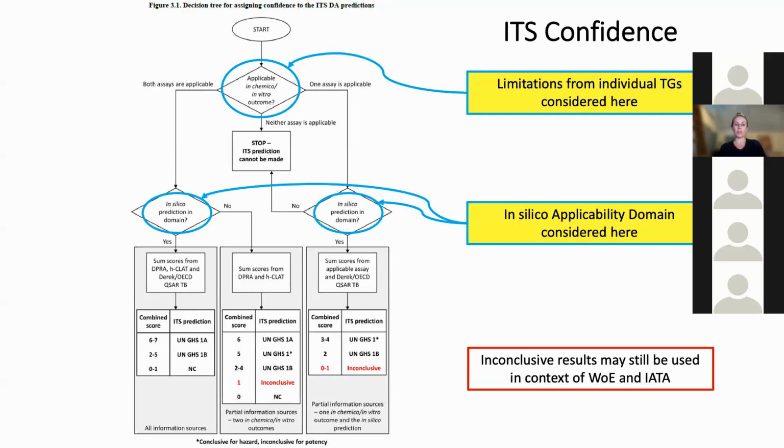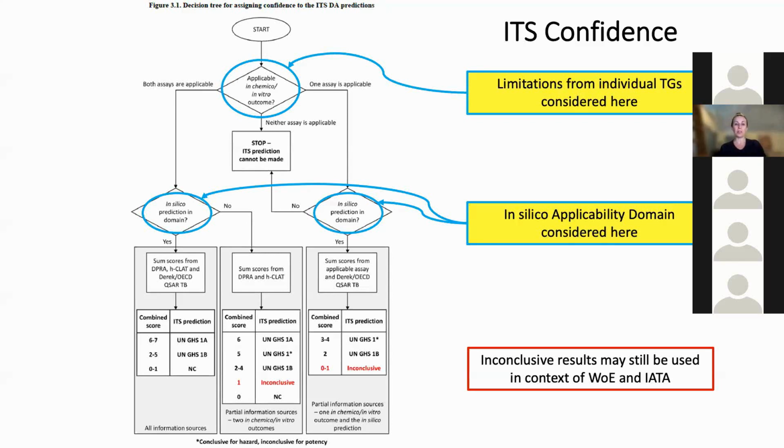And I'll talk through those in the next couple slides. But here at the bottom, you have the different combined scores and the outcome, in this case, for potency subcategorization. And then you have areas where you may derive an inconclusive result. And again, those can still be used in the context of weight of evidence and IATA.